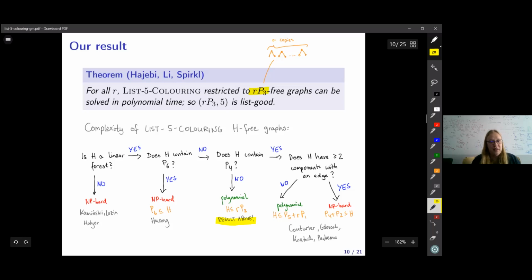And all the others are single vertices, so H is a subset of P5 plus rP1, and it's polynomial. So this result that doesn't look like it answers a question actually does answer the question. And I will tell you, hopefully, all of the details.